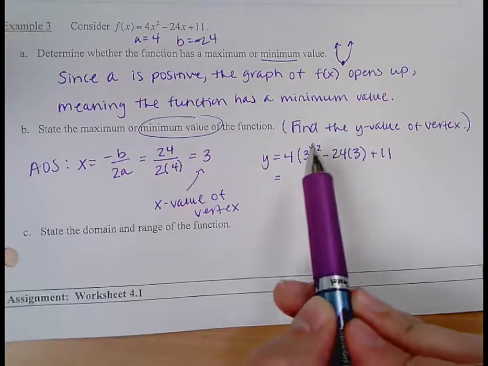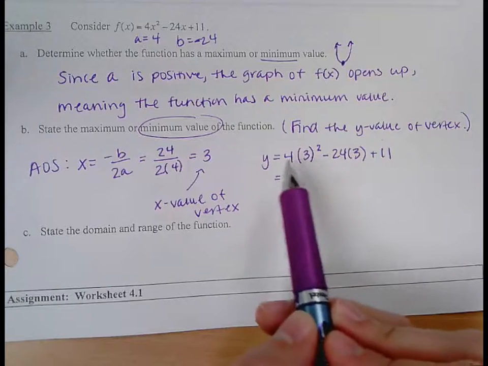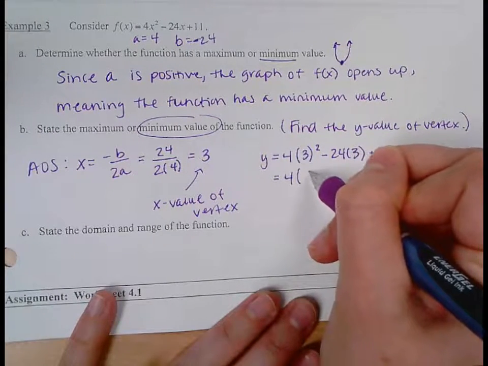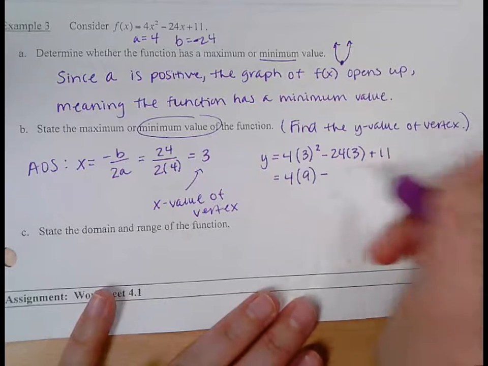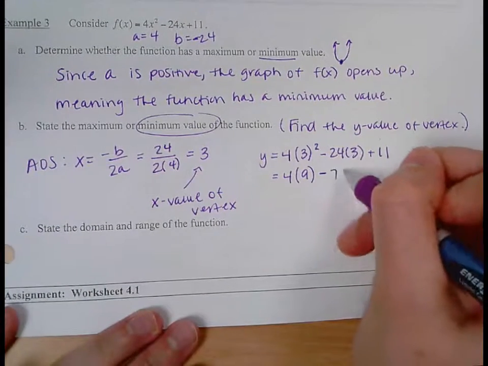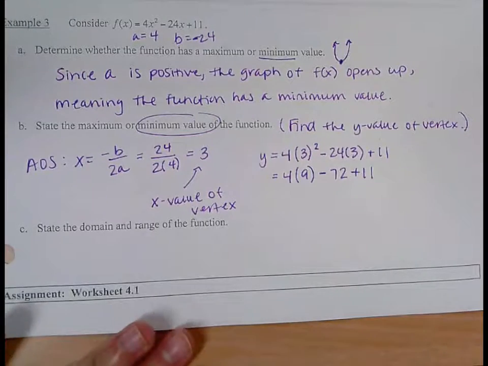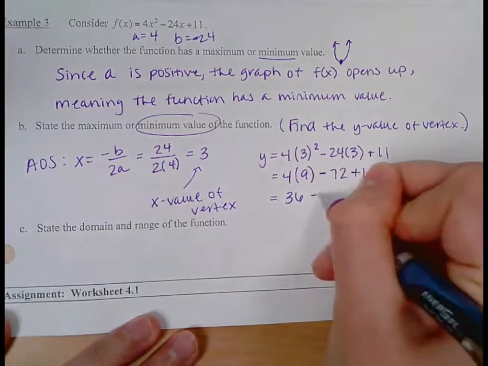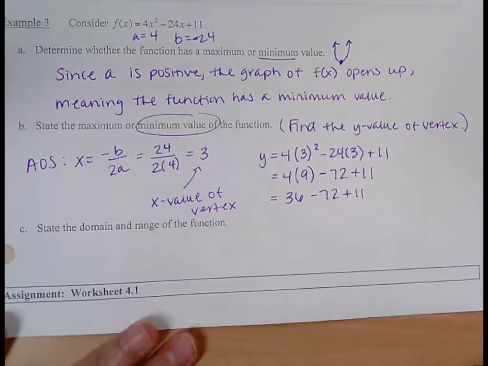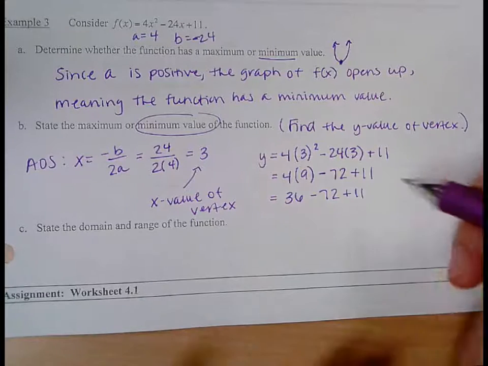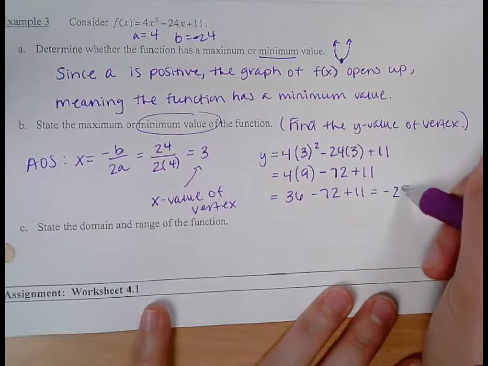So I have to do 3 squared first, not multiplying 4 and 3 first. So this is 4 times, let's see, 3 squared is 9. And then minus, I can multiply 24 and 3, that's 72, plus 11. And then 4 times 9 is 36. So 36 minus 72 plus 11. That'd be negative 36 plus 11, so negative 25.